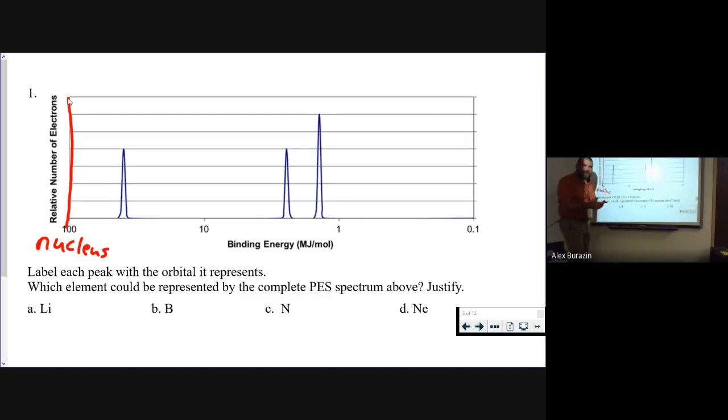So we know the order of the orbitals, or I should say, we're learning the order of the orbitals. We're hopefully getting a little better at that. But this is my nucleus. The first orbital that I hit is going to be 1s. The next orbital that I hit is 2s. And then 2p, so on and so forth, if I were to have more of those, right?